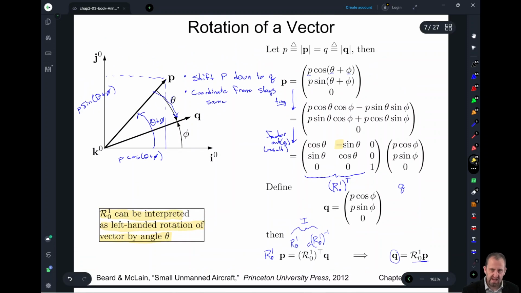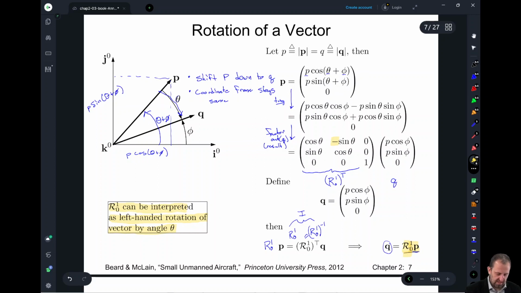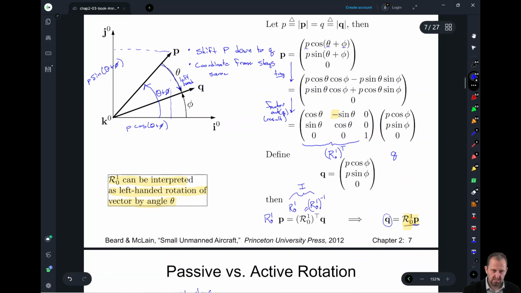For rotating vectors, we'd have the same relationship. If we wanted to rotate P backwards by theta, or a left-handed rotation of theta, then we'd use that same rotation matrix. But the big thing to notice here is that theta is defined as a left-hand rotation, and then we can use the same rotation matrix as we did before.